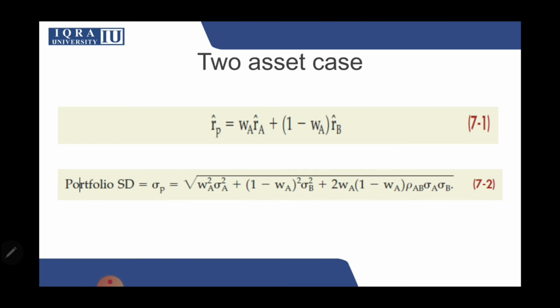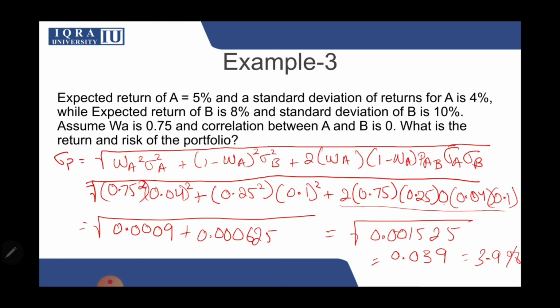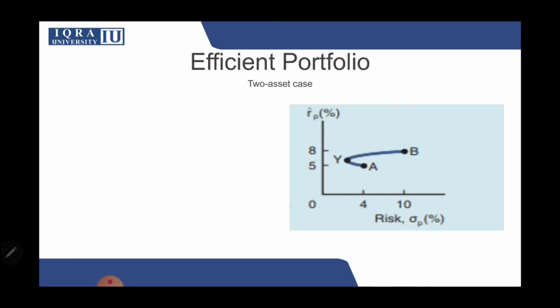You might try 0.75, then 0.25, then 0.5, 0.3. You will keep on fluctuating these weights, and once you have exhausted all of your weights, you will get the whole attainable set, all the combinations of return and risk for the portfolio.